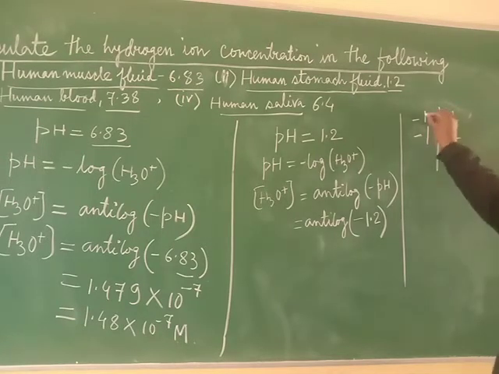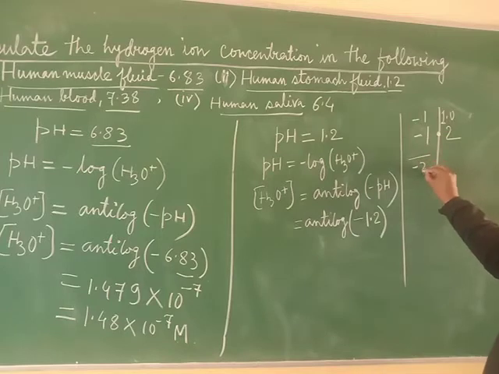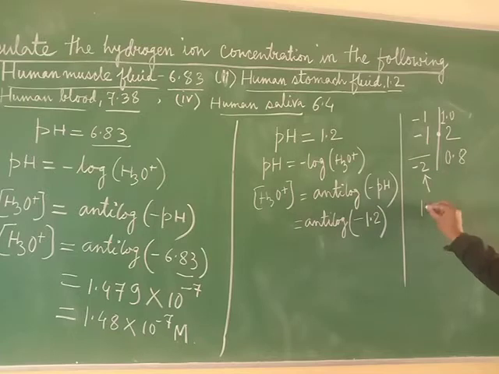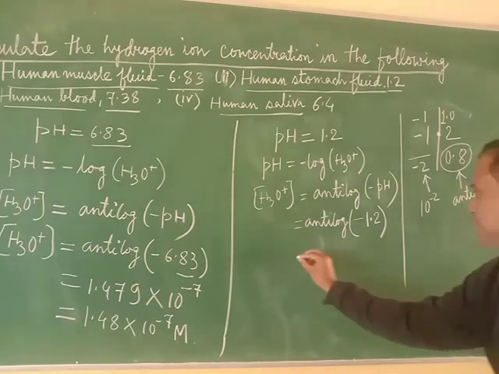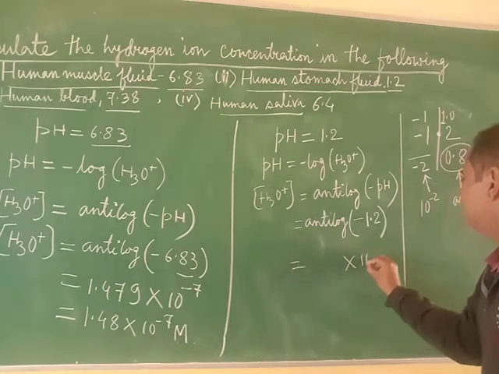Okay, so minus 1 becomes minus 2, and when we subtract 0.2 from 1, we get 0.8. This number we have to take to the power as 10 to the power minus 2, and this value we have to calculate from the anti-log table. So we have to find anti-log of 0.8. So this answer is 10 to the power minus 2.